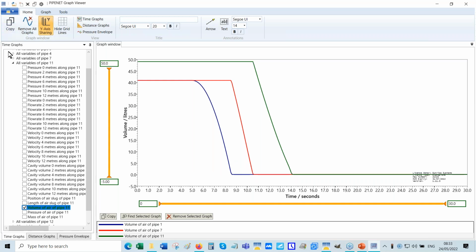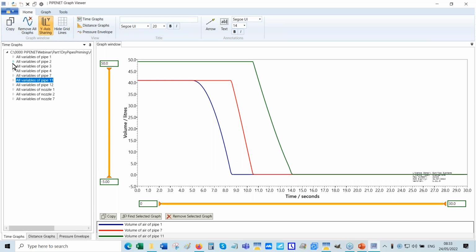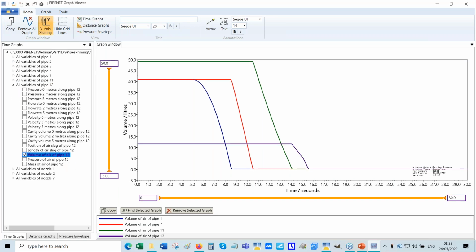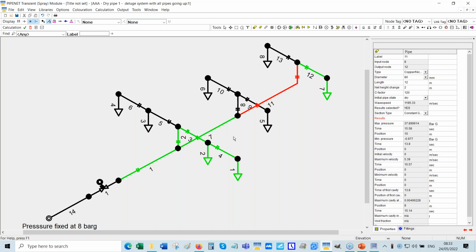And then we go to pipe 12. So you can see that the pipes are getting flooded one by one. These are the 4 pipes in the path leading up to that nozzle, which is nozzle 7.